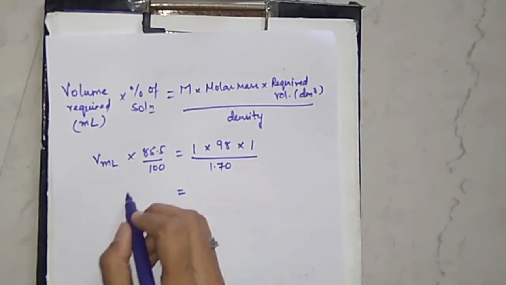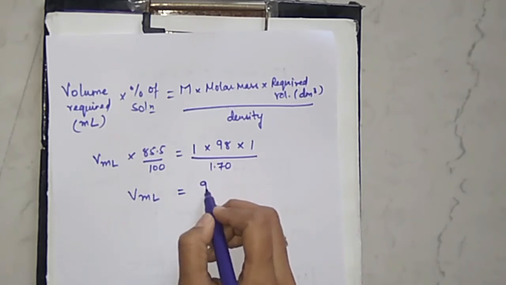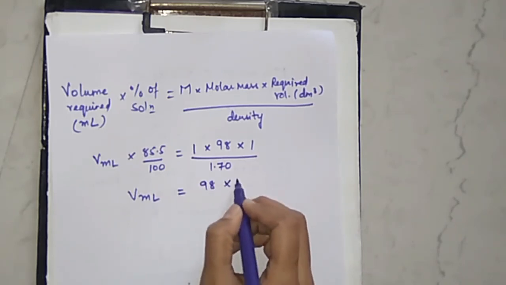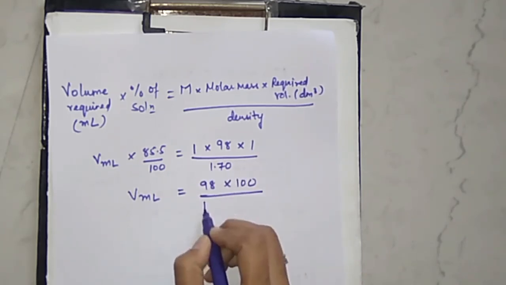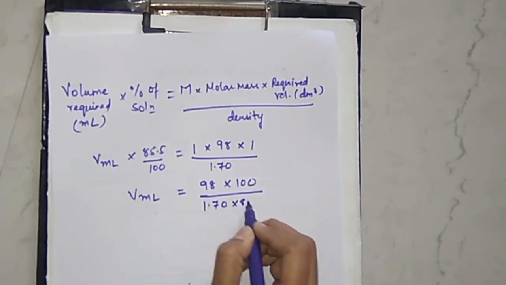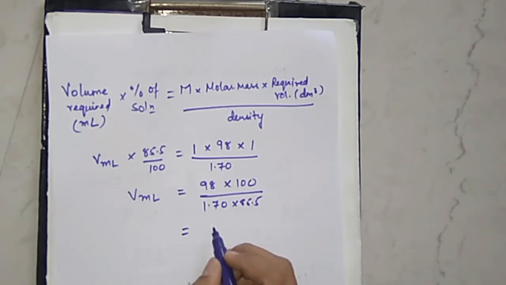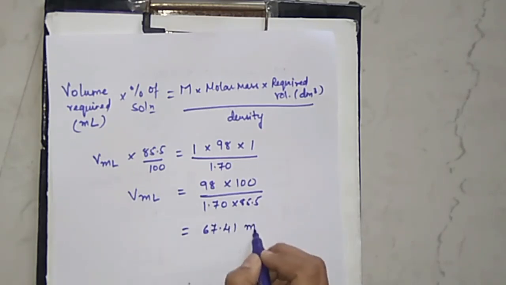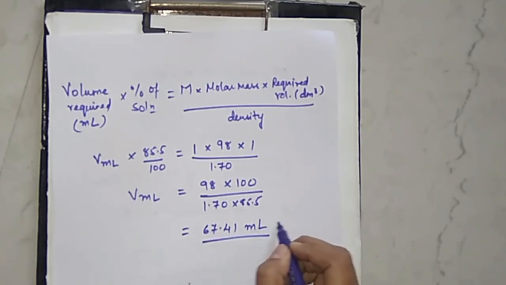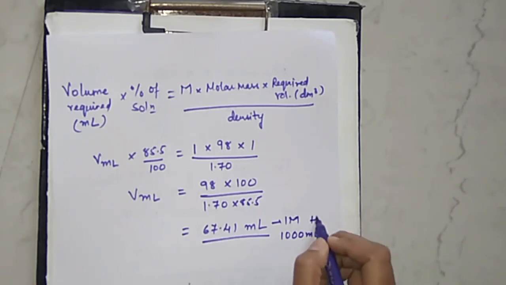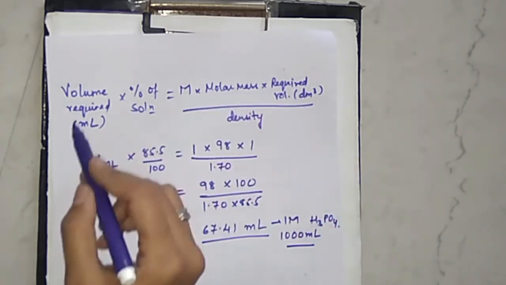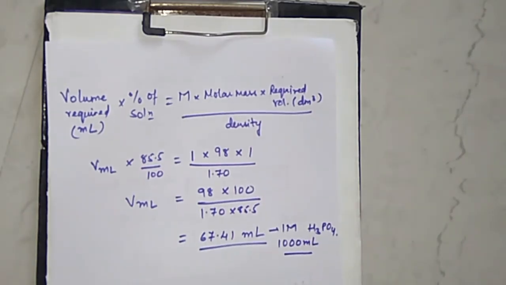That gives volume in ml equal to 98 into 100 divided by 1.70 into 85.5, which gives 67.41 ml. So this much volume is to be taken to prepare 1 molar 1000 ml of phosphoric acid. So this equation can also be used directly. Thank you.